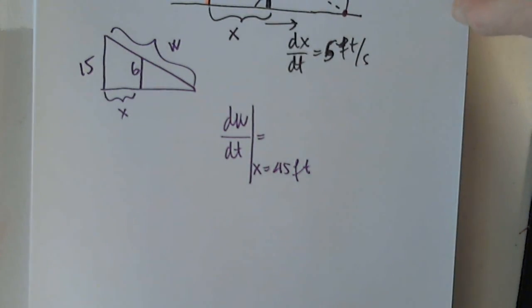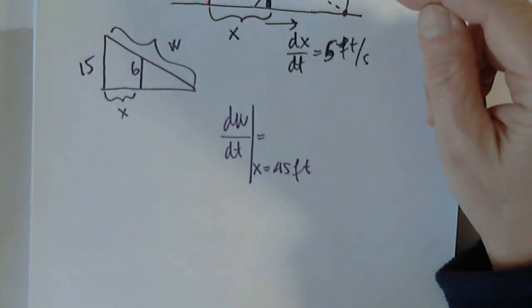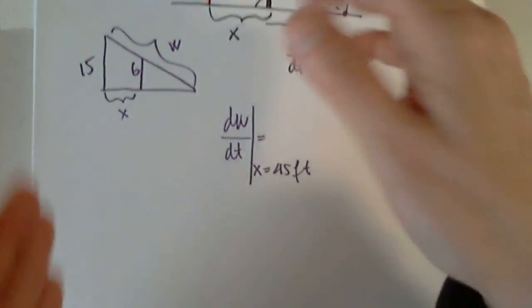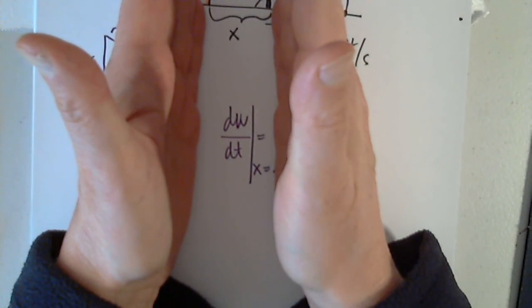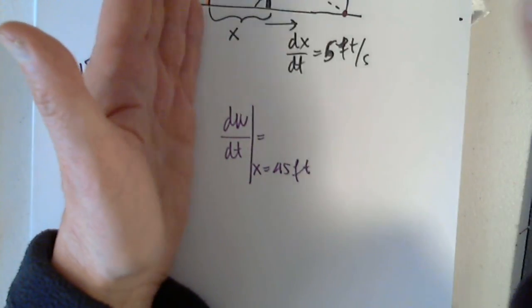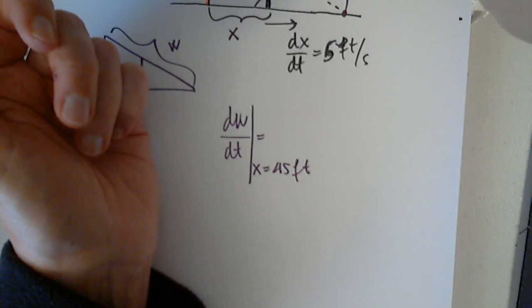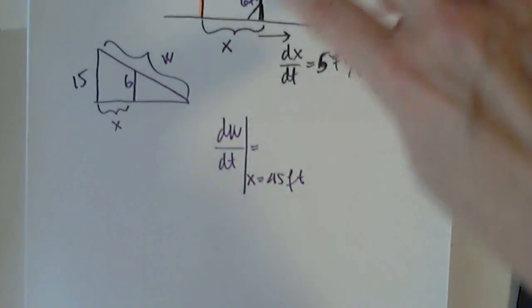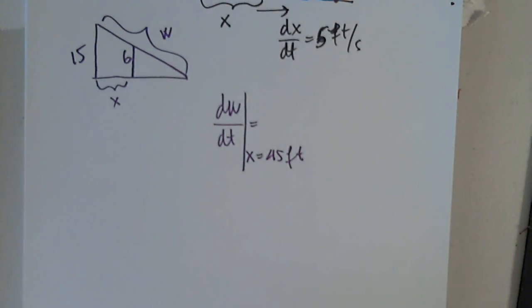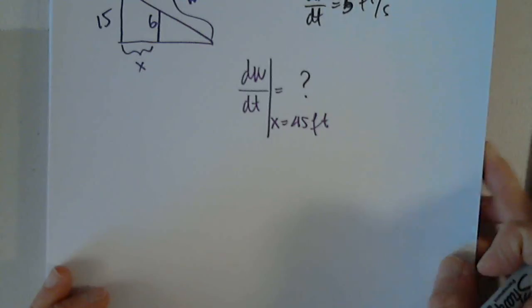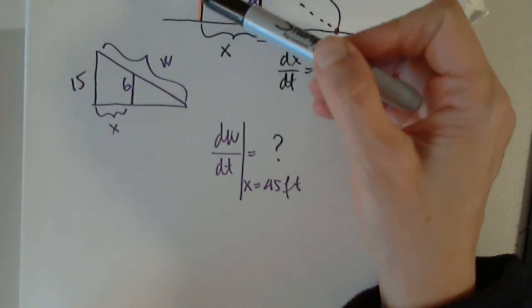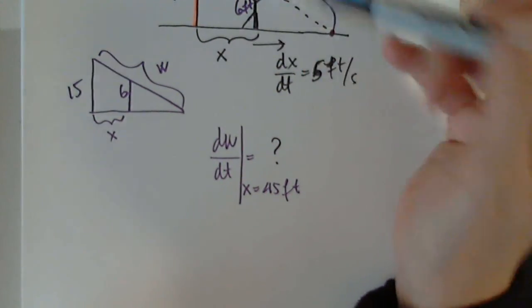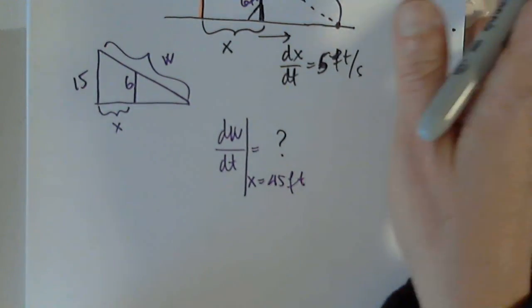We are asked to find, at the instant when the person is 45 feet away from the pole, how fast is W changing? So we want to determine dW over dt when x is 45 feet. So I have to find a relationship that connects 15 feet, 6 feet, x, and W. Let's see how we do that.